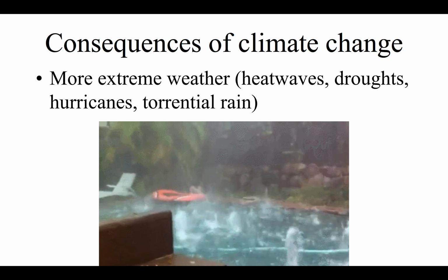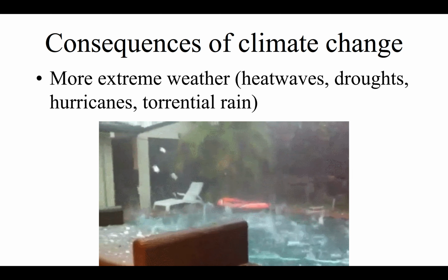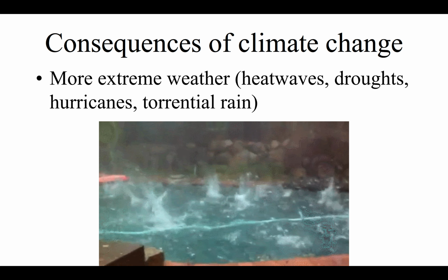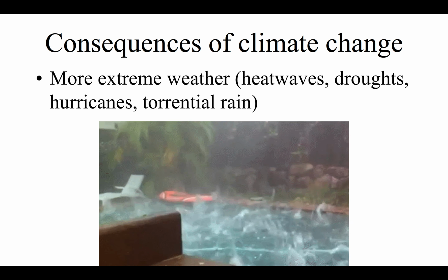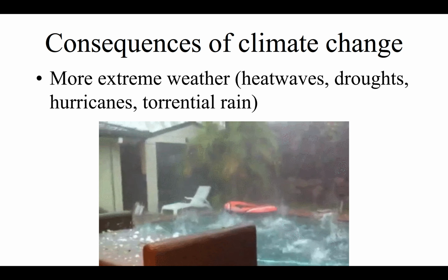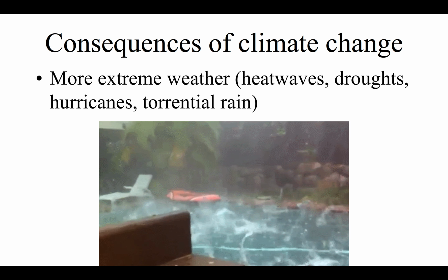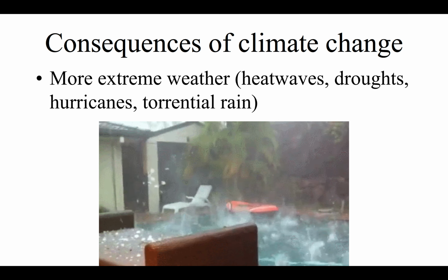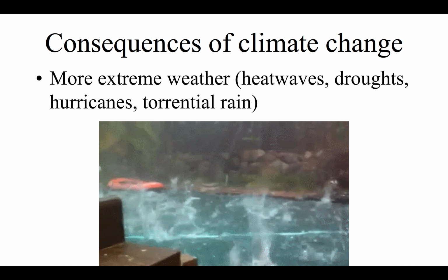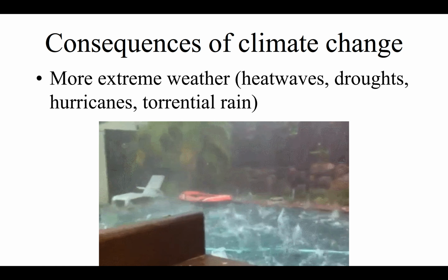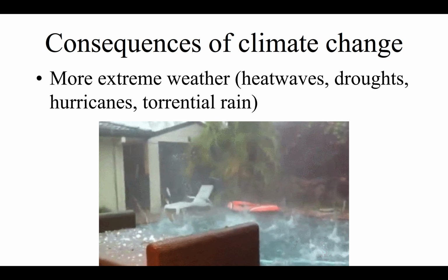Okay, it also means we're going to have more extreme weather events: heat waves, droughts, hurricanes, torrential rain. I should add to this list fires, because California and Australia both have been basically burning down. Well, California has been burning down every year for the last 3 or 4 years.